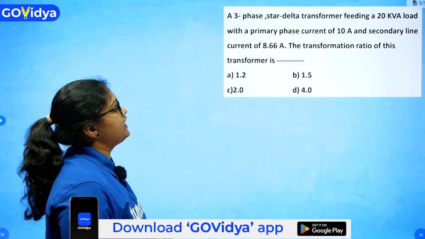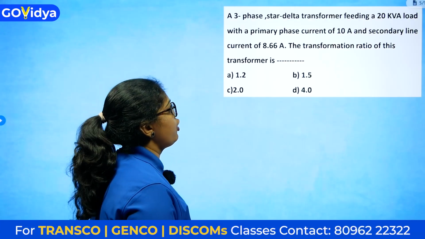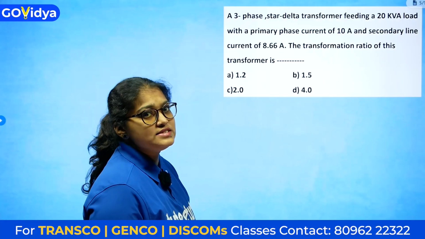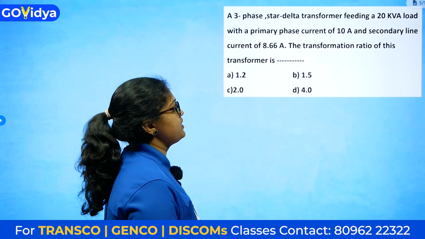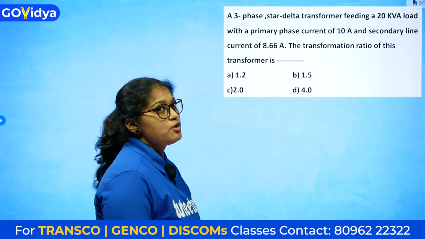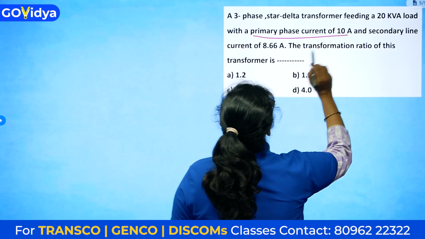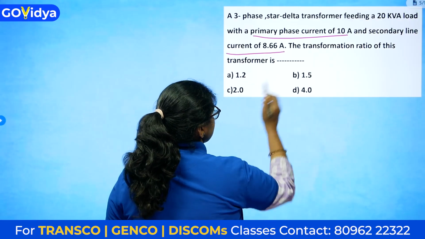A three-phase star delta transformer feeding a 20 kVA load with a primary phase current of 10 amperes and a secondary line current of 8.66 amperes. The transformation ratio of this transformer is asked. They have given us the primary phase current of 10 amperes and the secondary line current of 8.66 amperes.